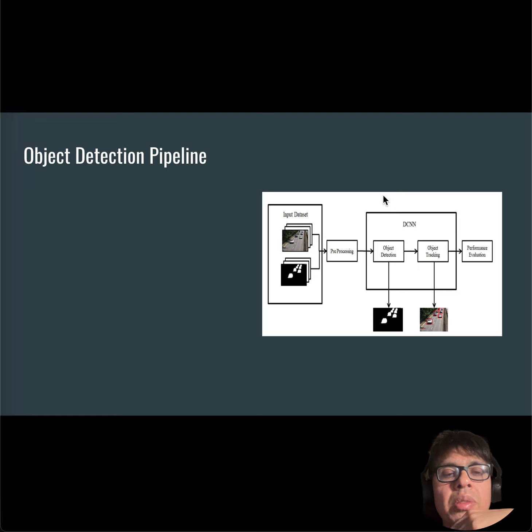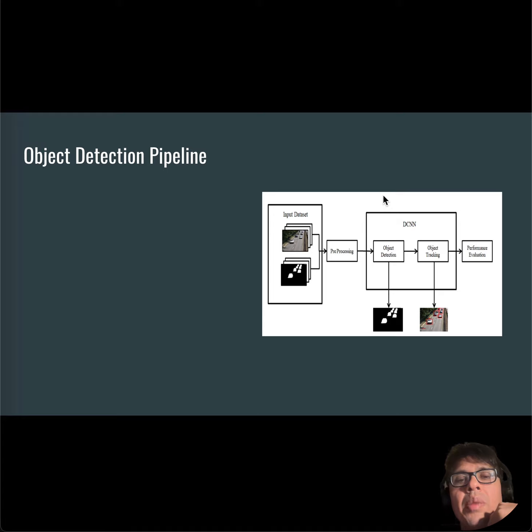Then these images are fed through an object detection model, and also an object tracking model, which follows where the objects are traveling in the image, and that gives information like the vector of direction of traversal and other important tracking information.